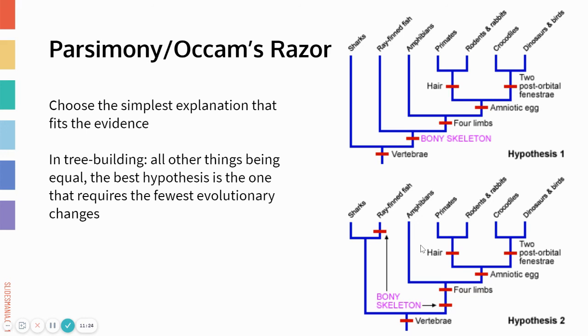So if you're deciding between two hypotheses about where a trait could evolve, it's better to have it evolve once and then be passed on to the downstream species on that tree. So this principle of parsimony, or Occam's razor: choose the simplest explanation that will fit the evidence.